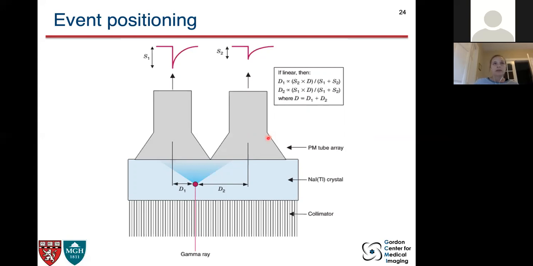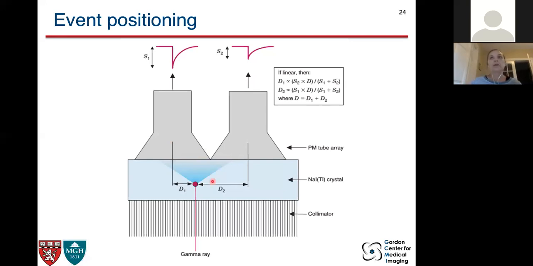It's based on the fact that the photomultiplier tube or photodetector element that's closest to the interaction location will receive a higher signal compared to another one located further from the interaction location, simply because more light hits it. If this is the cone of light that goes out from the interaction location, we'll see that more light will hit this detector compared to this detector. So the signal here will be higher compared to here. And by doing this in two dimensions, you can obtain the XY coordinates inside the detector.